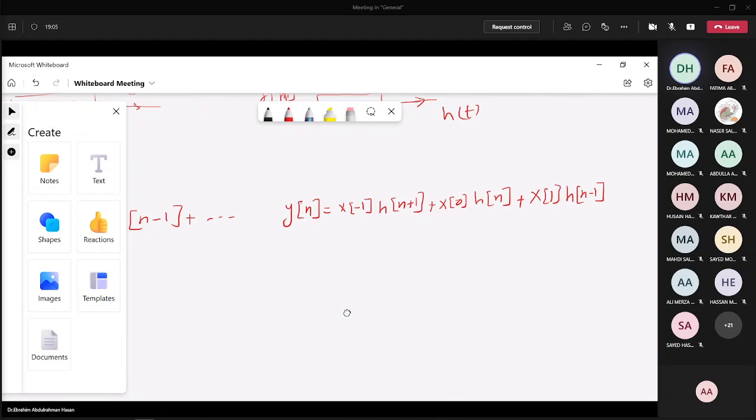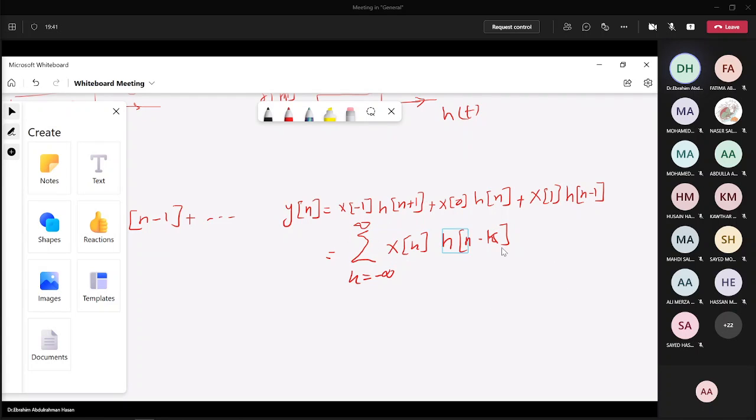Again, if you put it in summation form, then y of n equals the summation of x of k, h of n minus k, where k is from minus infinity to plus infinity. And this we call the convolution sum.